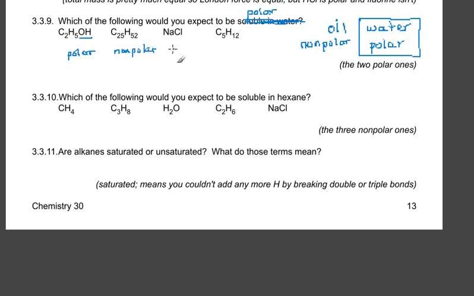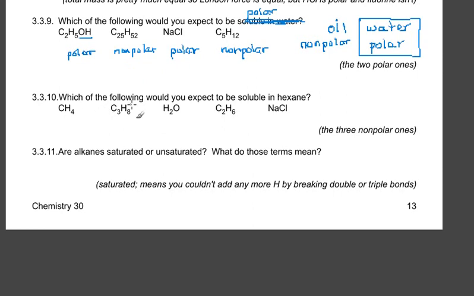NaCl we've seen as an example. We know that's polar. And C5H12 is pentane, again, an alkane, nonpolar, because it's nice and symmetric. So we would expect C2H5OH and NaCl to dissolve well in water. These other two are, this is like a wax and this is like an oil. They would not dissolve in water.